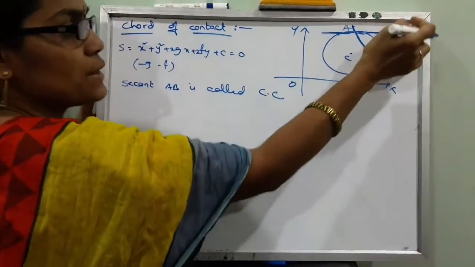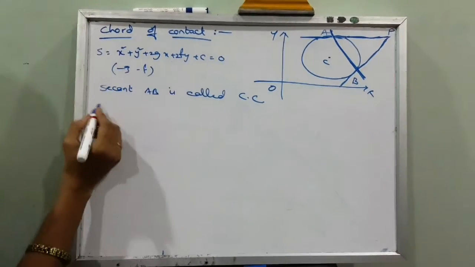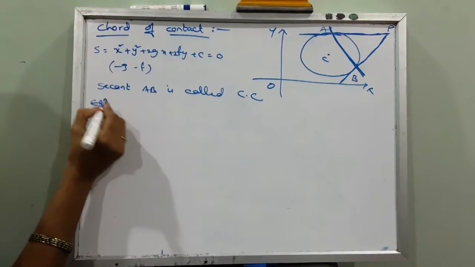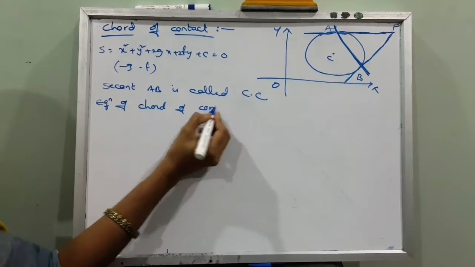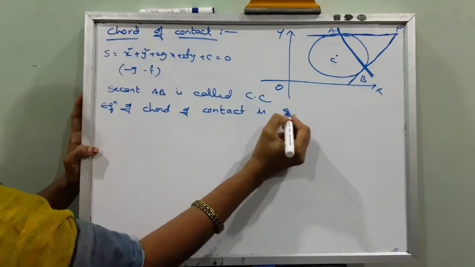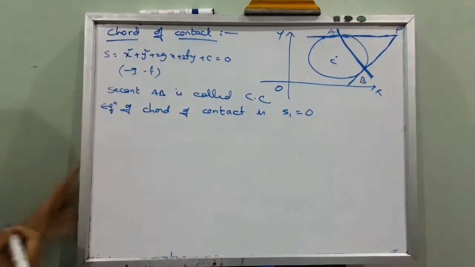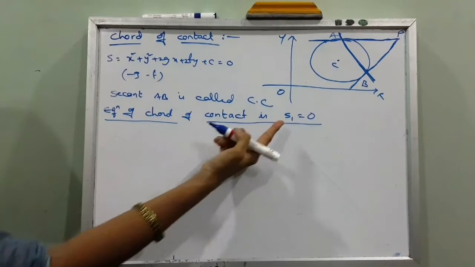These are the tangents. Now equation of chord of contact is S1 is equal to 0.